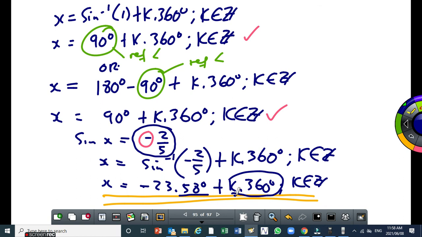So to get the second solution, you can substitute K as 1, right? No, you don't substitute. You use the reference angle to get the second angle. You don't touch this K times 360 part. Listen to my equation. So you substitute K, so it's going to be 360 plus 823, and you get the positive thing.